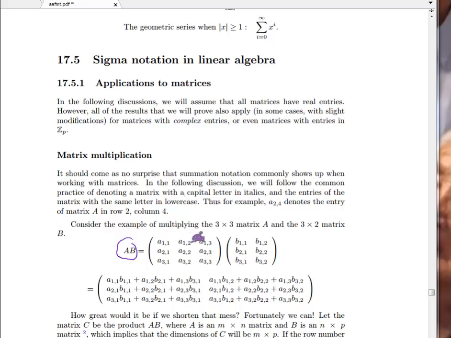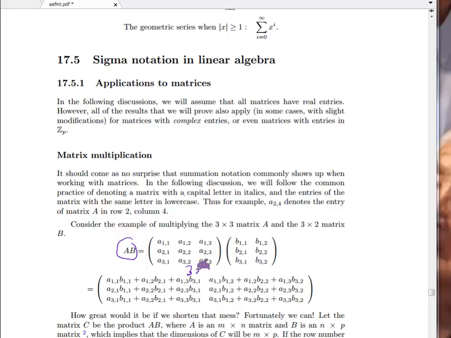The resulting matrix here is going to be a 3 by 2 matrix. Why is that? Because the left matrix has 3 rows and the right matrix has 2 columns. You also need to check that the number of columns of the first matrix equals the number of rows of the second matrix, which it does. The left matrix is 3 by 3 and the right is 3 by 2.